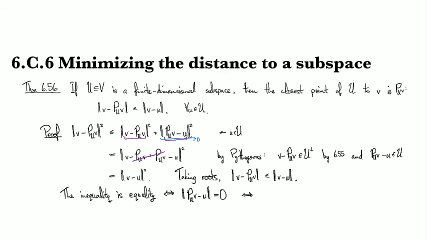And that's equivalent to saying that PUV is equal to U. So that gives us uniqueness. It's the unique minimum of the expression distance to U, given by the projection.